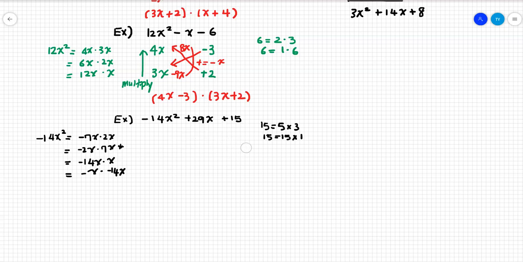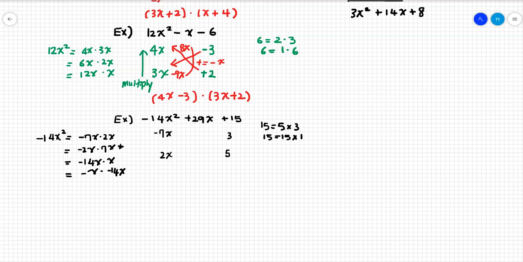So this time we failed to select the right one. So this time I'm going to try minus 7x and 2x. We still want to use the 5 and 3. So this time I'm going to have 3 and 5.